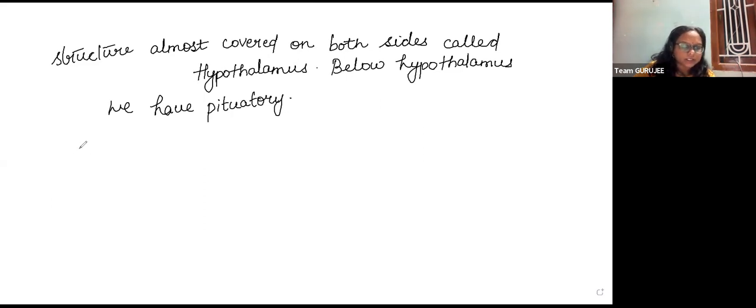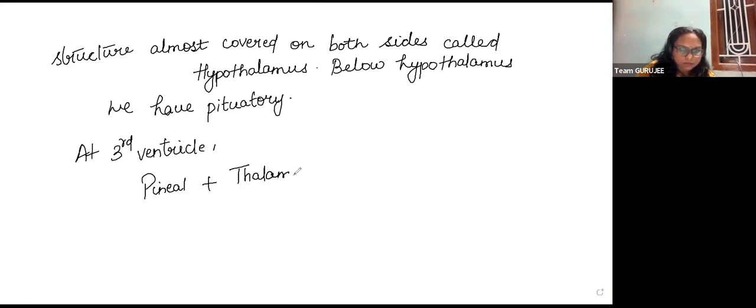Now I'm just going to write here. So at the third ventricle, we have pineal, then we have thalamus, then we have hypothalamus, right? So at the third ventricle, we have pineal, thalamus, and hypothalamus.